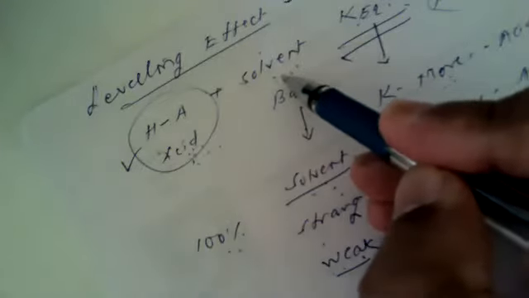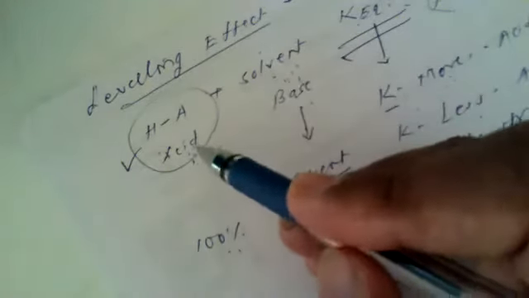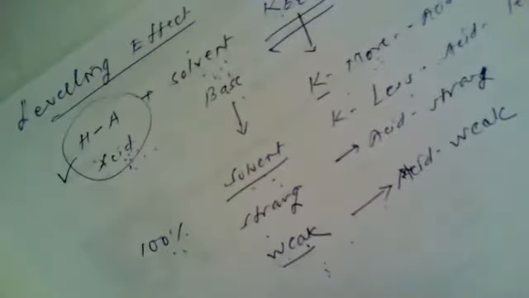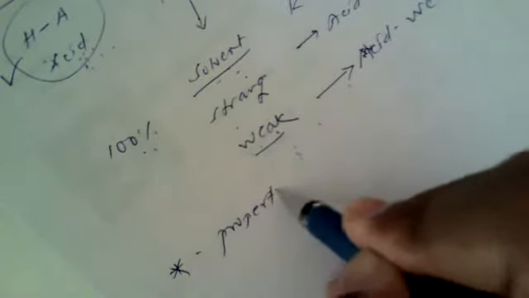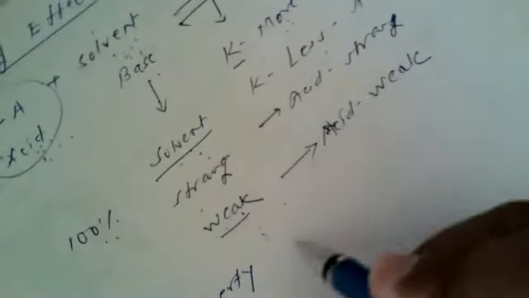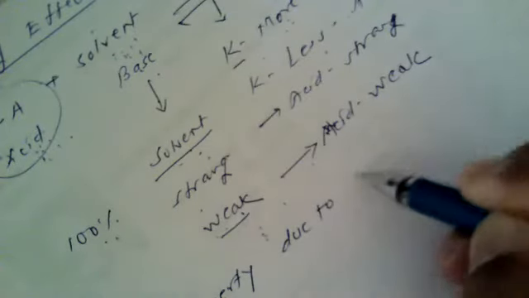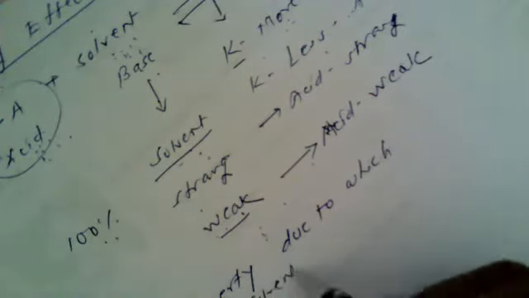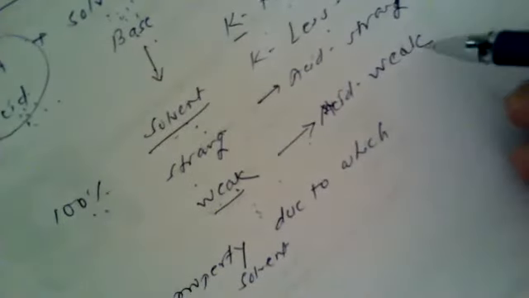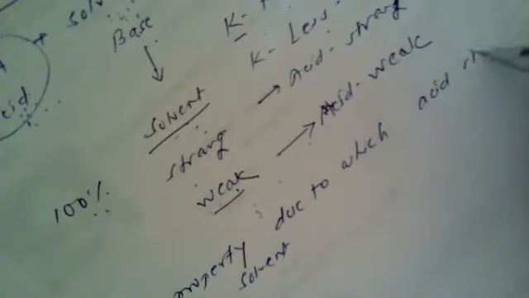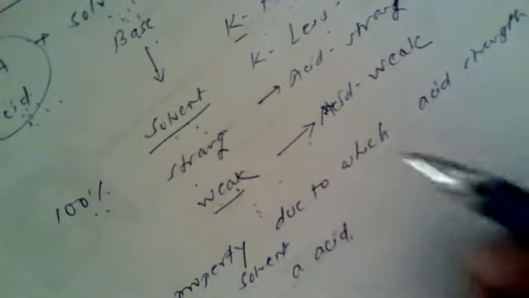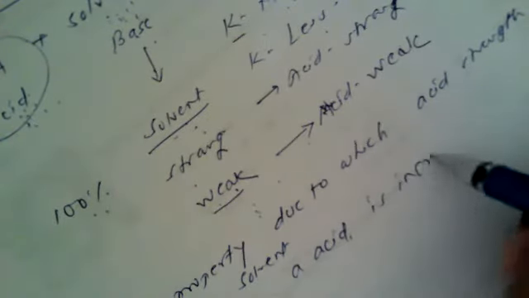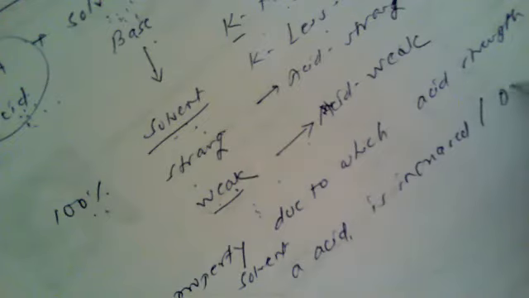With regard to the solvent, the strength of the acid is determined. From this one can define the leveling effect: it is a property of the solvent due to which the acid strength of an acid is increased or decreased.